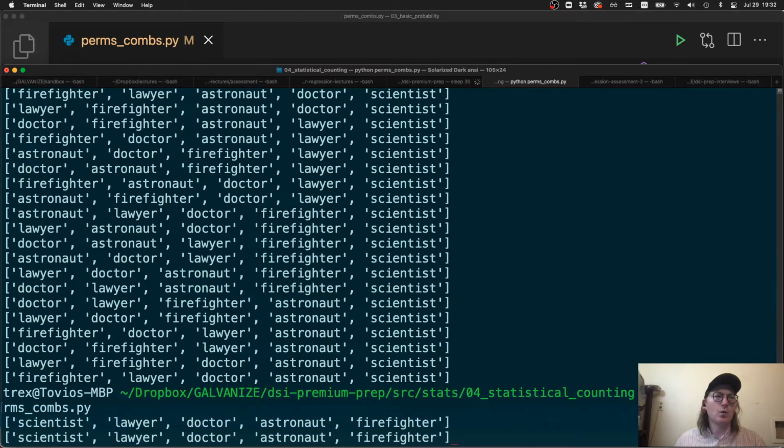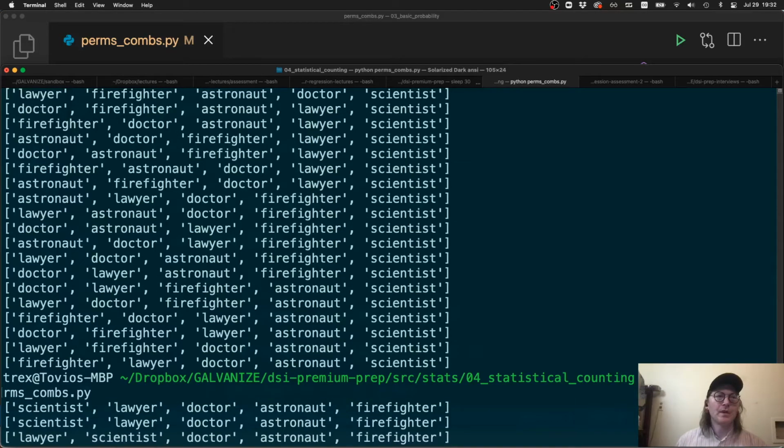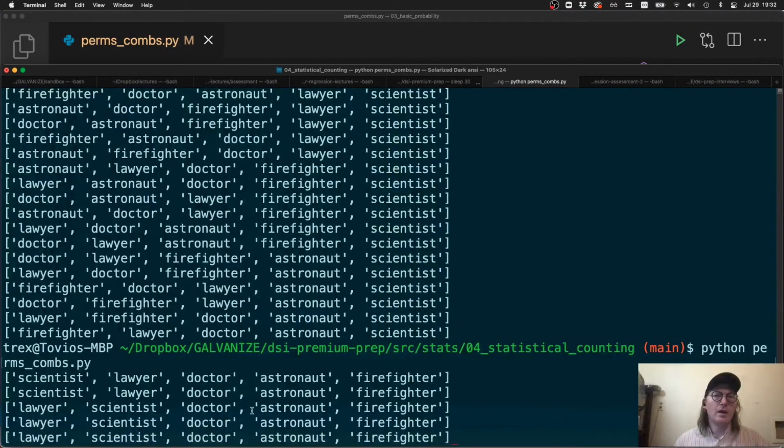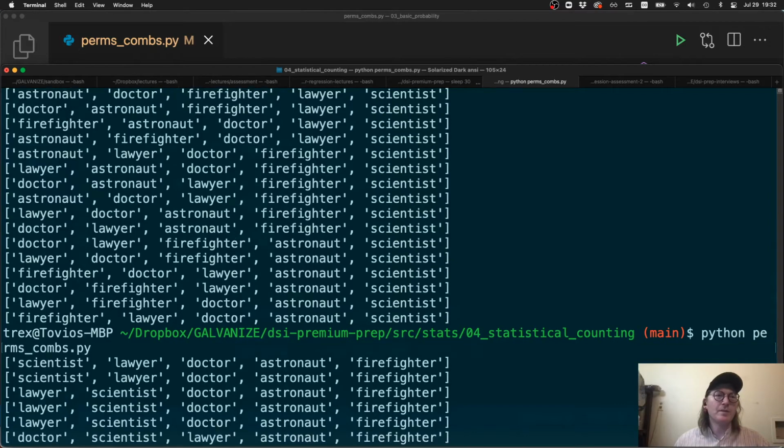So here's the first state of our permutations, and then we're going to swap. Actually, we're going to go to our second. This is our second loop, okay? We haven't swapped anything yet. On our third loop, we do swap something, and notice we're swapping scientist and lawyer. And then we don't swap on the fourth, and we don't swap on the fifth, right?